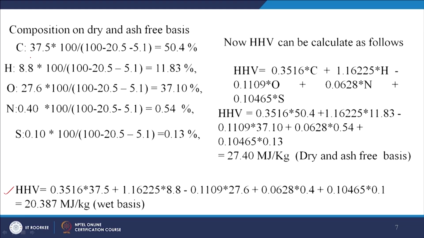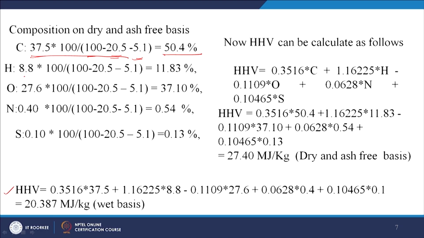Carbon we have 37.5 in the original sample. So, in dry and ash-free basis, that is 37.5 into 100 divided by 100 minus moisture minus ash, that is 100 minus 20.5 minus 5.1. So, this expression is giving us 50.4% carbon on dry and ash-free basis.